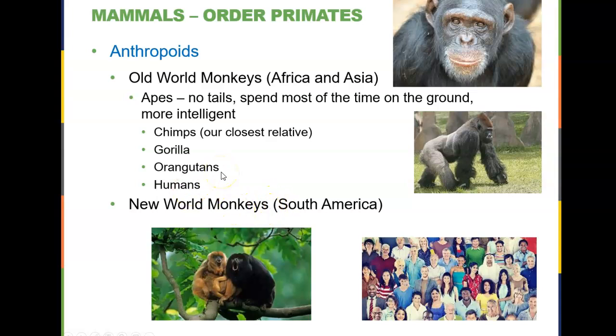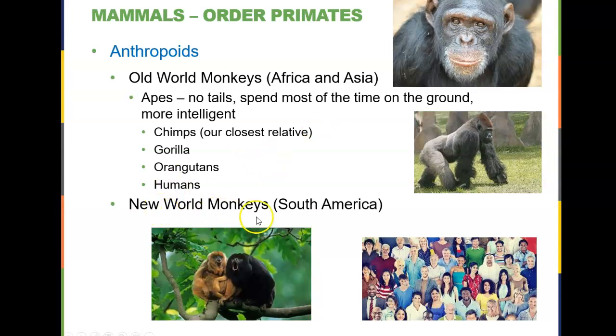And they include the chimps, which are the closest relatives to the humans, the gorillas, the orangutans, and of course, the humans fall into this group. So no tails, a nose structure with downward facing nostrils, and spending most of their time on the ground and more intelligent. These are the Old World monkeys, the apes.